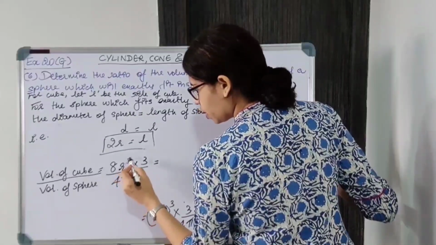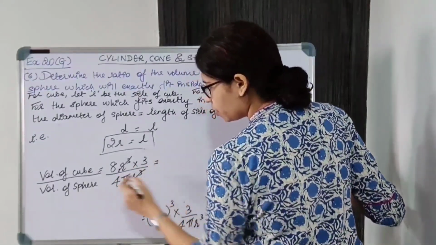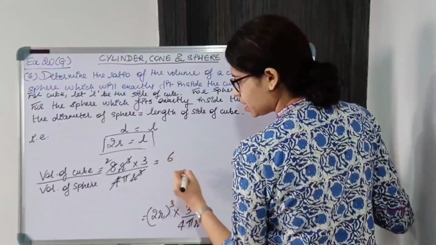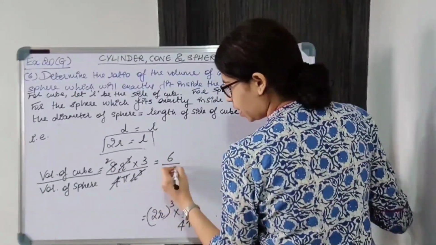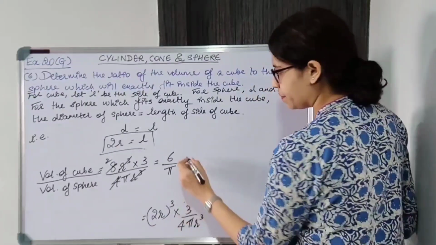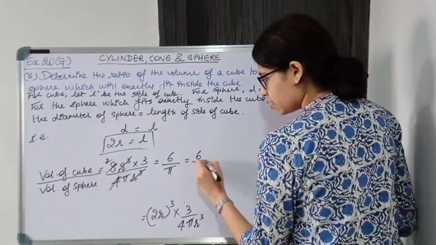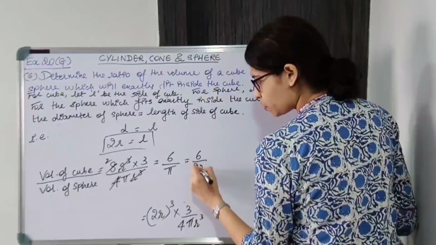So r cube cancelled, 4 2s are 8 by 4, that is nothing but 6 by pi. Pi is what? 22 upon 7, that is 6 upon 22 upon 7.